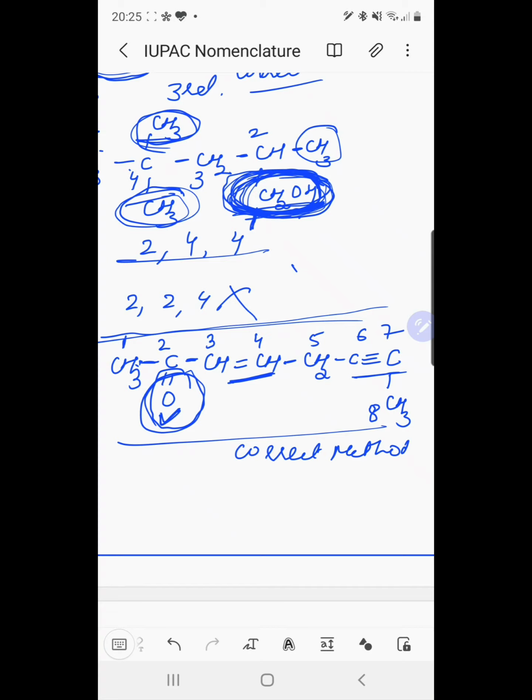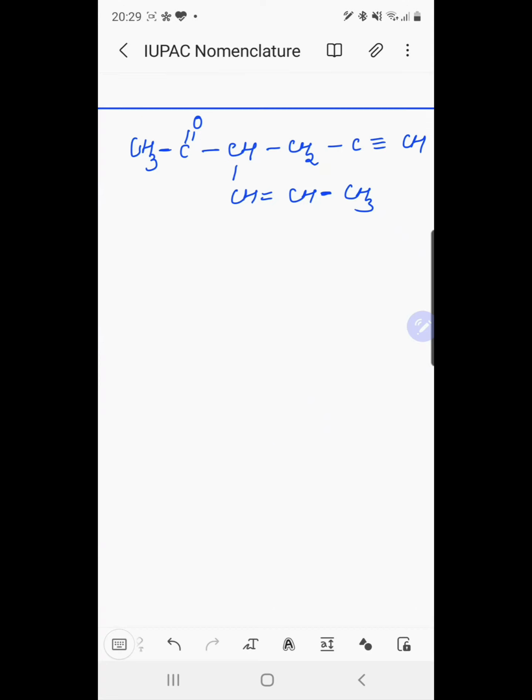So if the parent chain also contains, in addition to the functional group, a double or triple bond or both, the locants for the multiple bond are automatically fixed once the lowest locant is assigned to the functional group. Now in this case, if we start the numbering 1, 2, 3, 4, 5, 6, and if we continue from this end, we also get 4, 5, 6.